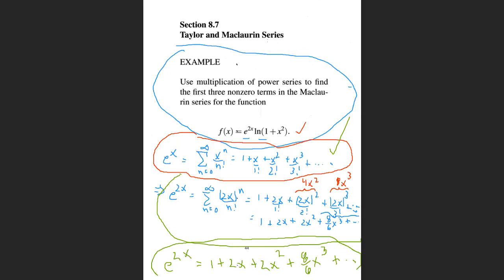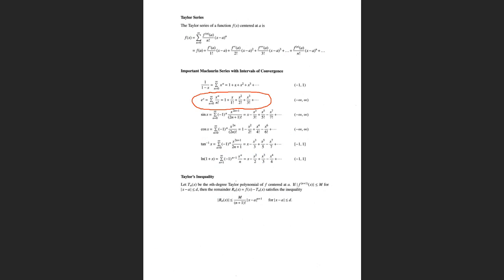Okay. Well, let's get the Maclaurin series for the natural log of 1 plus x squared. So if I go to the table, okay, I have the Maclaurin series for the natural log of 1 plus x. There it is. So let me go to the whiteboard.